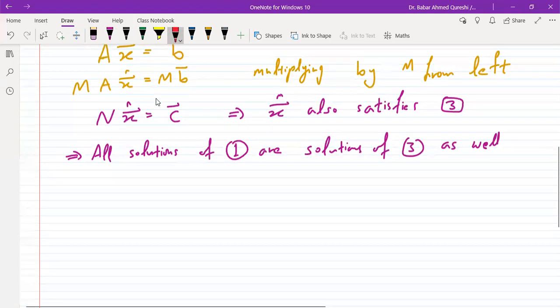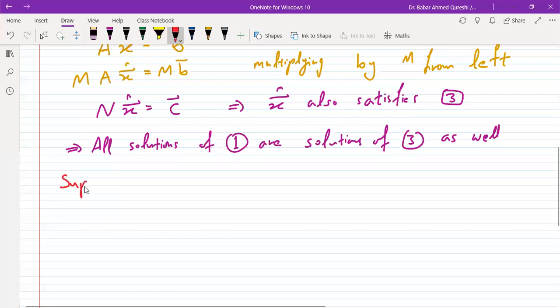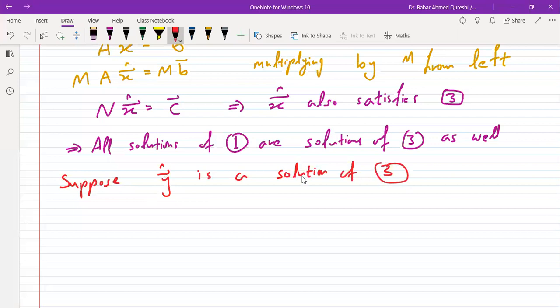Now I can go the other way around. So suppose this y hat is a solution of 3. That means it satisfies this equation. Open it up. This matrix N was just M times A, and C was just M times b.